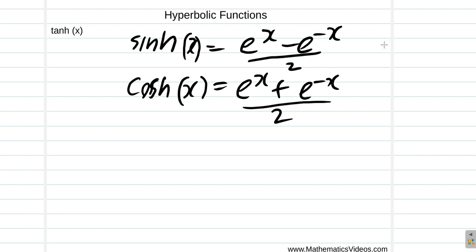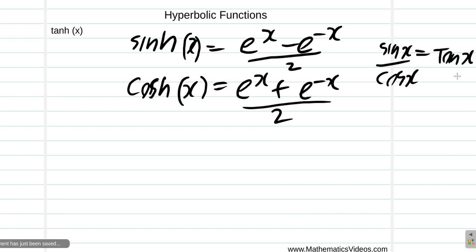There's an identity that says sine x divided by cos x is equal to tan x. Now, let us model that using the hyperbolic sine and cosine, and see if we can come up with the hyperbolic tangent that way and then test it with an example.